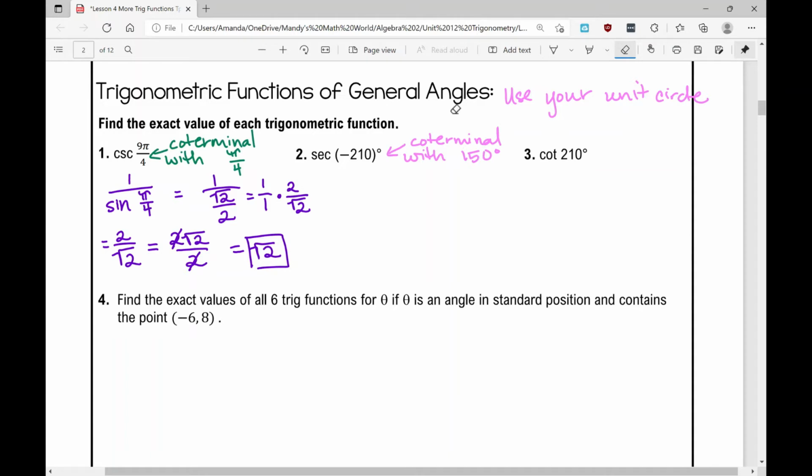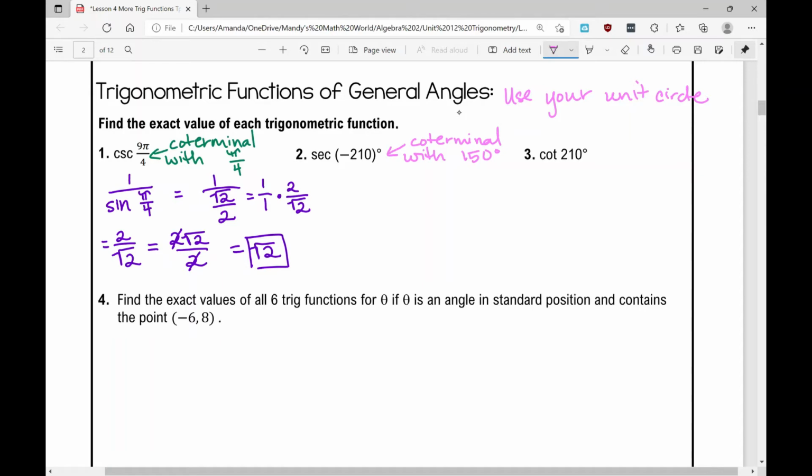What's the cosine of 150? The cosine of 150 is negative the square root of 3 over 2. So the secant, remember, is the reciprocal of cosine.